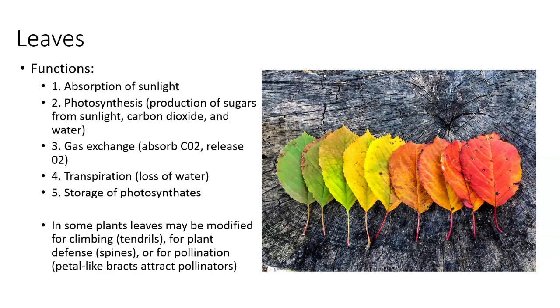For example, some leaves have been modified into tendrils. Those leaves are actually used for climbing. Other plants have developed spines. I think of cacti. They have developed spines for protection.